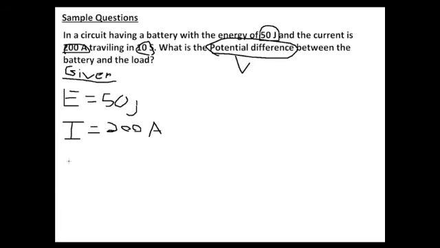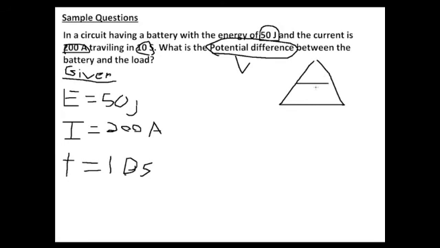The symbol for time is lowercase t, equals 10 seconds. So what we need to find out is voltage. How do we do this? Let's try using our triangle.